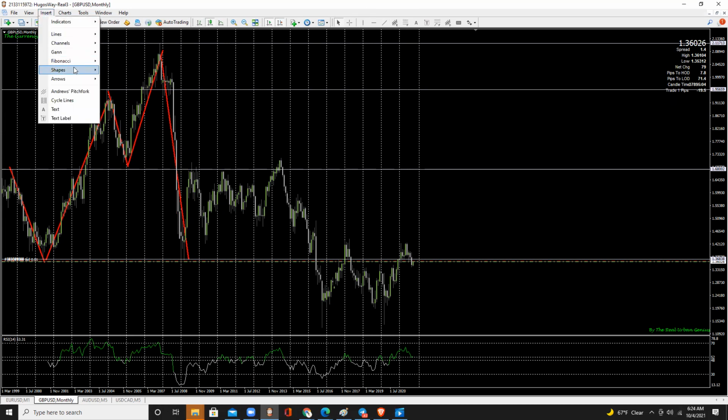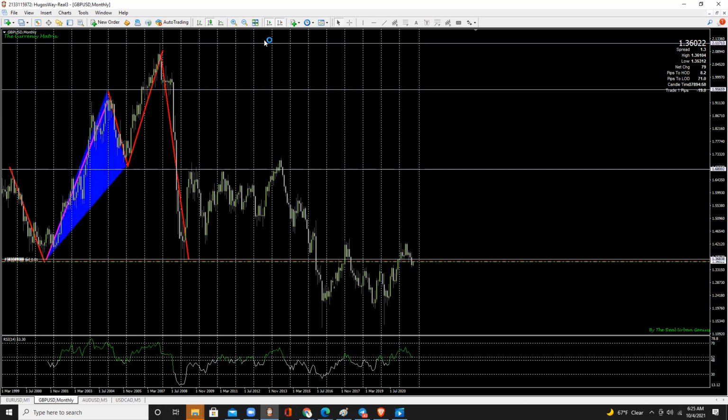This here, right off the back, I can see was a harmonic pattern. All right, so now from here, we swung back up to here. From here, we swung down to here.